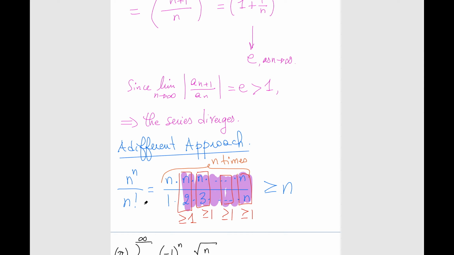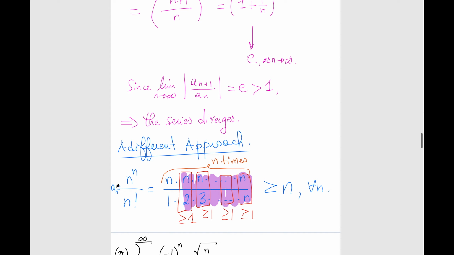That guy is a_n. So a_n is equal to this quotient, which in turn is bigger than or equal to n for all n. Now, if n goes to infinity, that guy is going to blow up, and a_n has to also go to infinity, right?